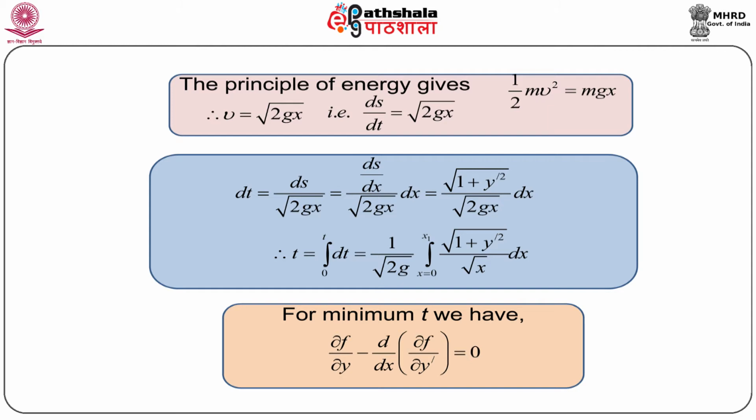At t equal to 0, the particle is at the origin, so x equal to 0. At t equal to t, the particle reaches the end point, that is point P1, so it becomes x1. So, t equal to integration 0 to t of dt equal to 1 divided by root over 2g, integration x equal to 0 to x1 of square root of 1 plus y dash square divided by root over x into dx. For minimum t, from the Euler-Lagrange equation we have this relation.